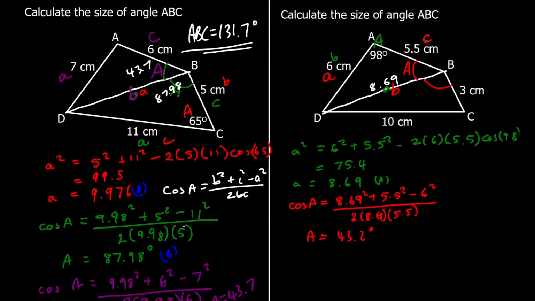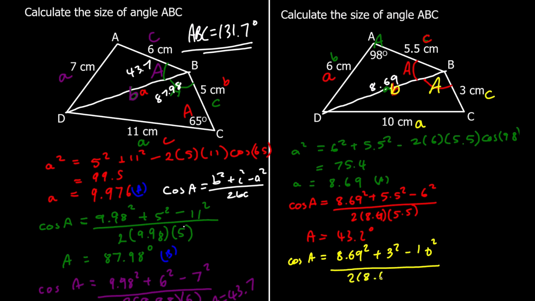And the next one, let's have big A, little a, B, and C. So cos A is 8.69, saved as A in the calculator. Squared plus 3 squared minus 10 squared over 2 times 8.69 times 3.